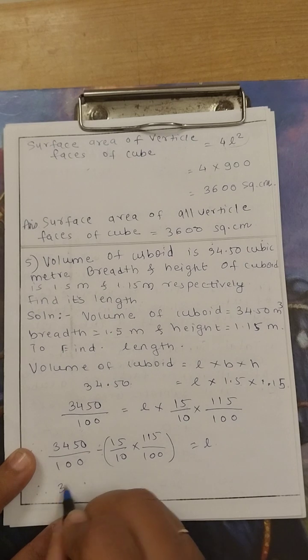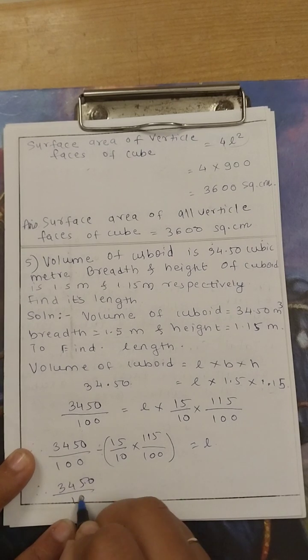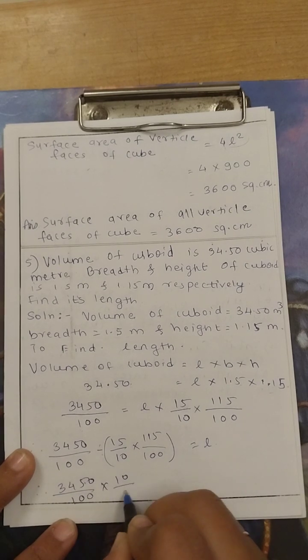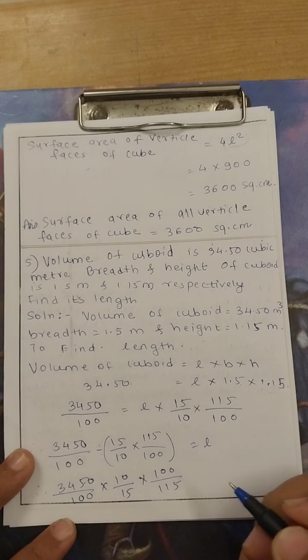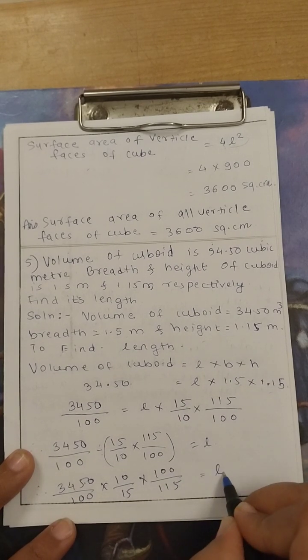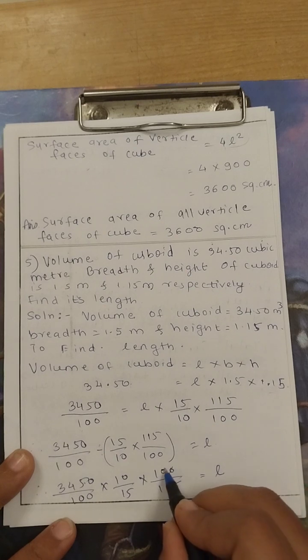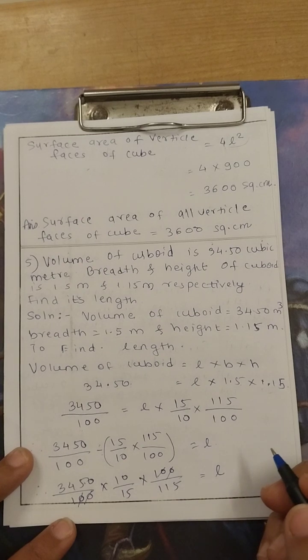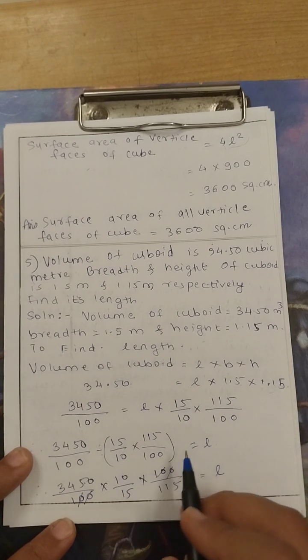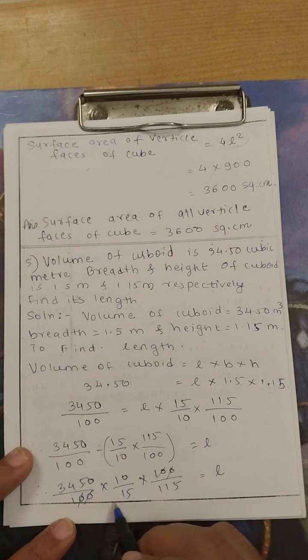So you have to write down into 10 upon 15 and into 100 upon 115 is equal to L. Just remove all the zeros. Yes, what I have done, remove all the zeros. Now what? Now just see.